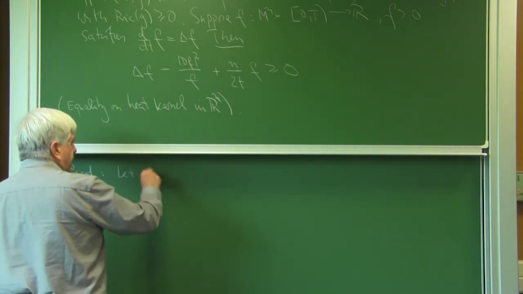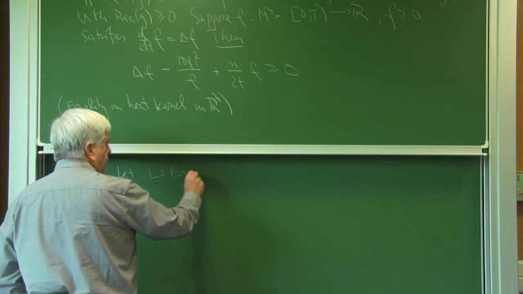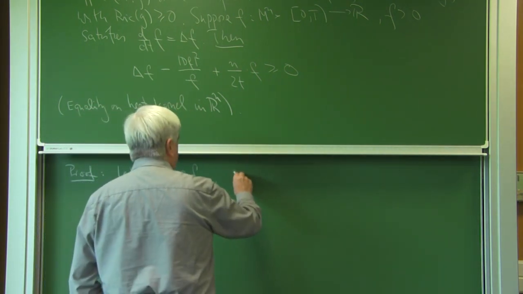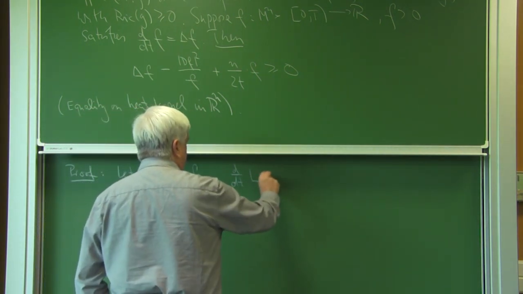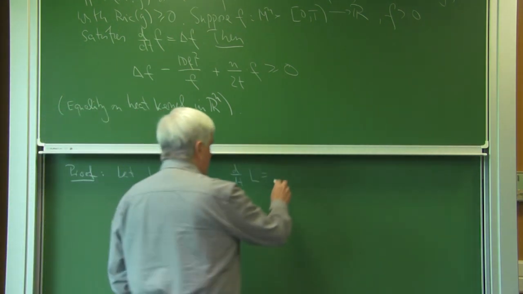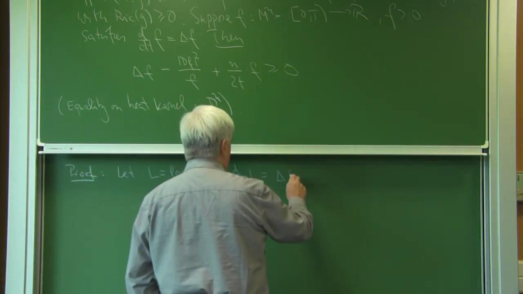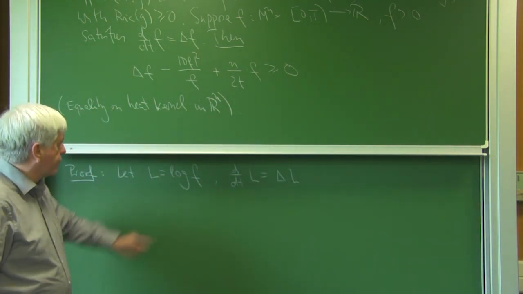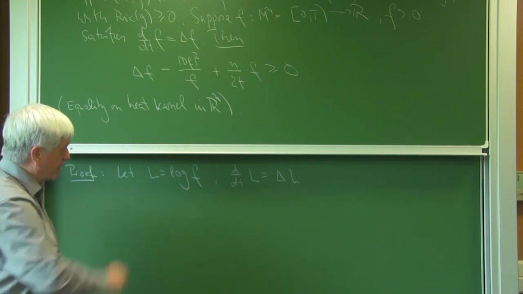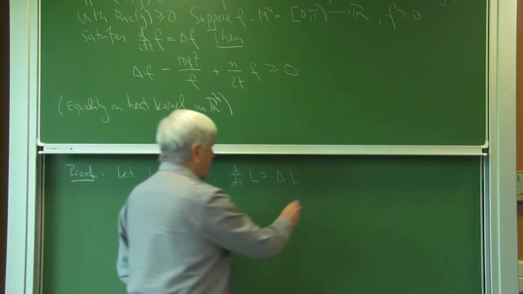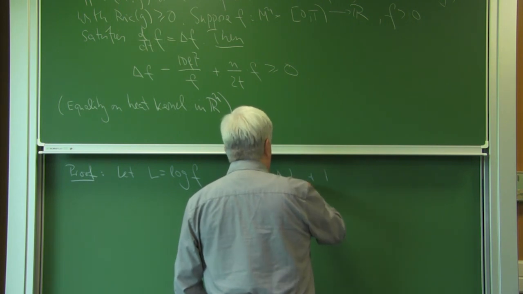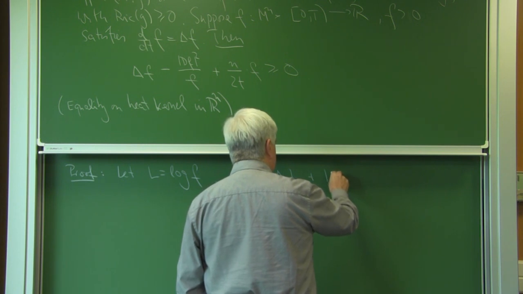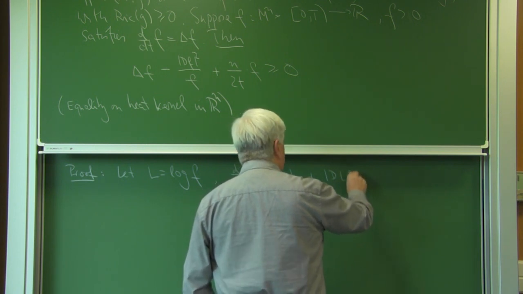Let L be the log of f, and then we get ∂L/∂t is equal to the Laplacian of L. Simple computation, I get Laplacian of f over f, and then you can write this as the Laplacian of log f plus the gradient of log f squared, which is the same as the gradient of L squared.